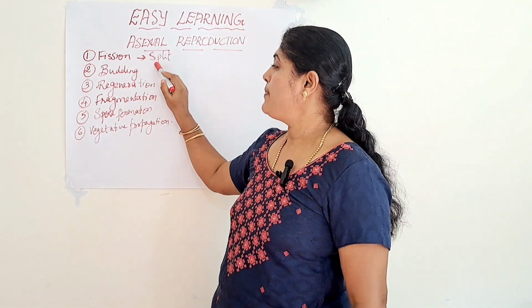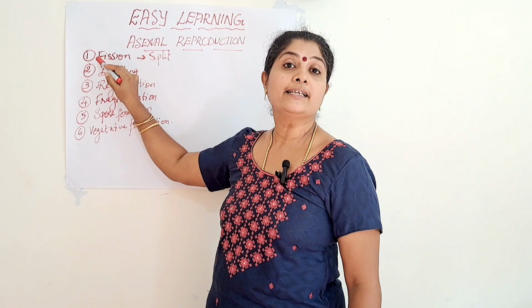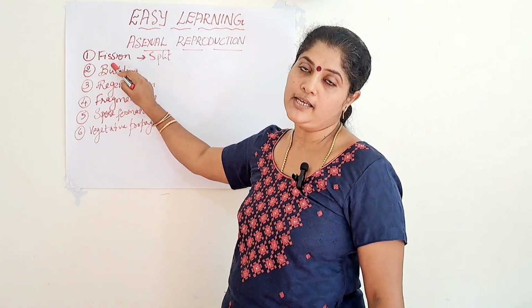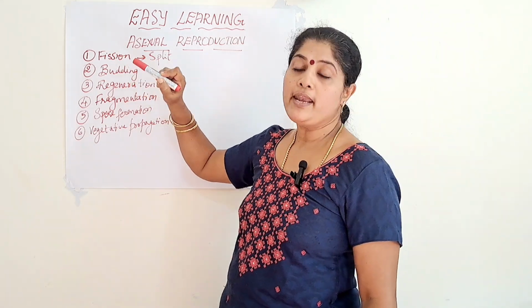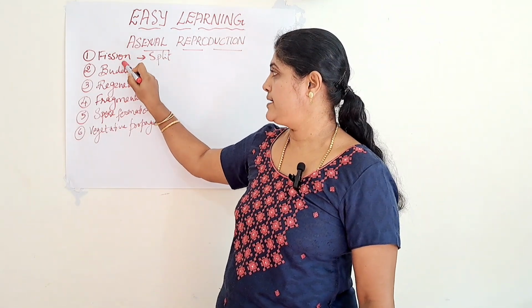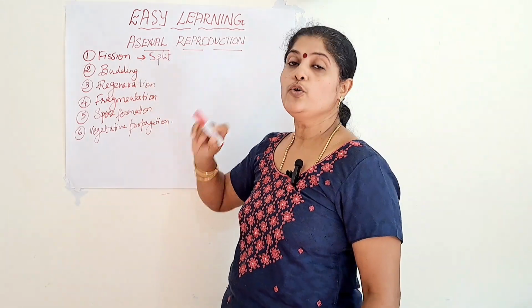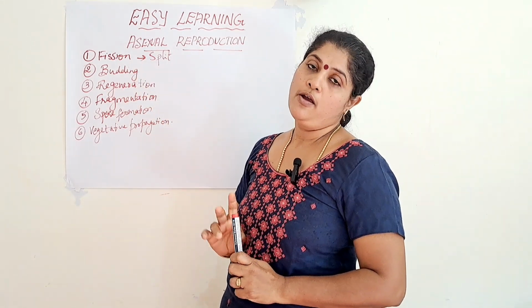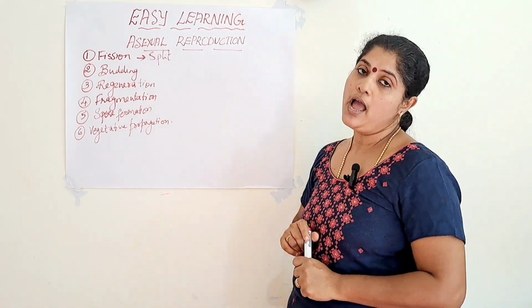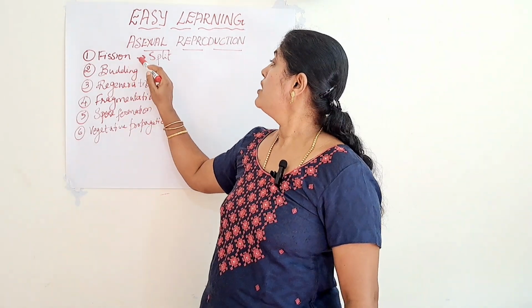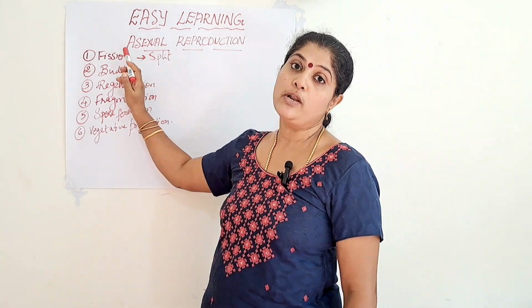This fission process mainly takes place in unicellular organisms, that is protozoans like amoeba, leishmania and paramecium.